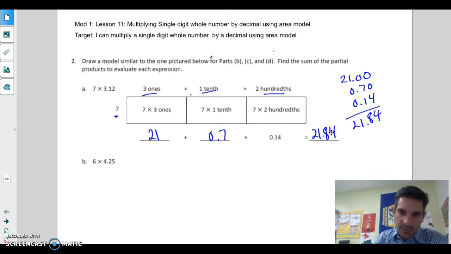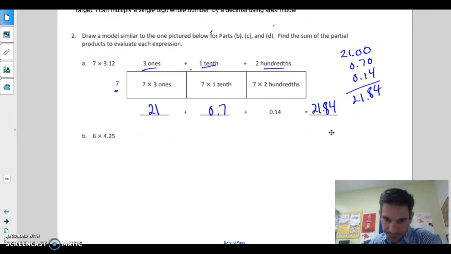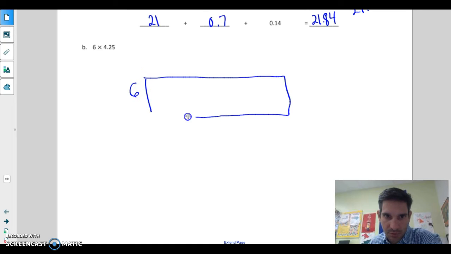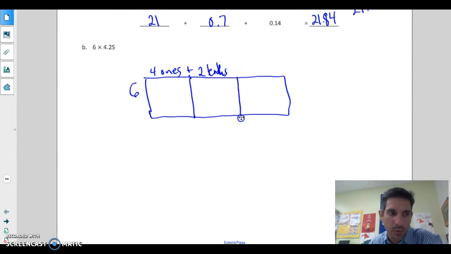Okay. Next one. Let's do the same thing on this one. So we're going to do 4 ones, decimal point, plus 2/10, and then 5 hundredths.